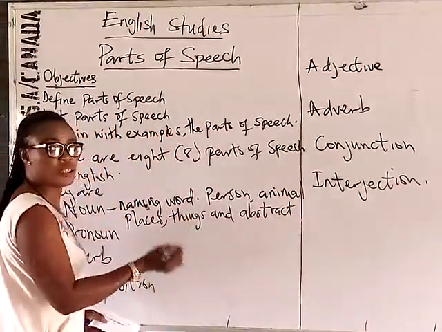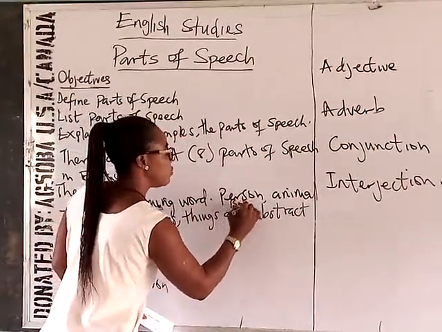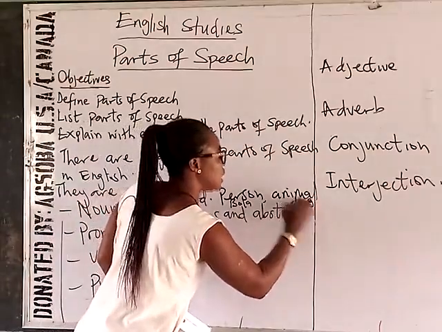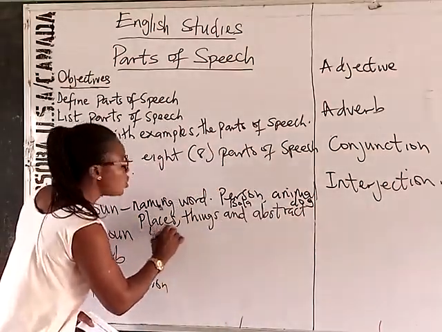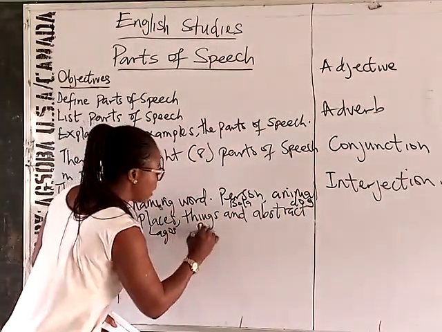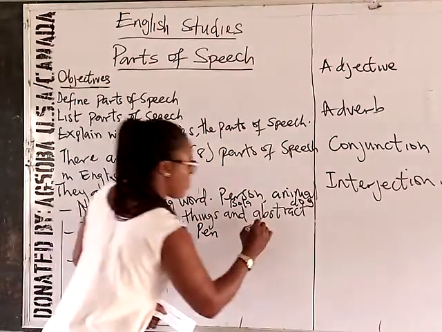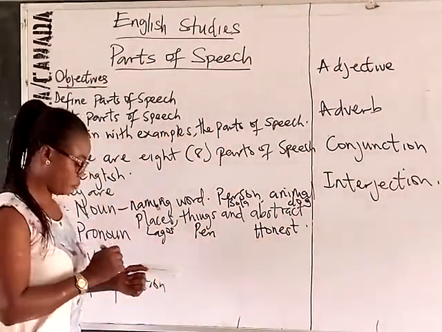For example, for person, we can have Bola. For animal, we can have dog. For place, we can have Lagos. For things, we can have pen. And for abstract, we can have honest, as example.